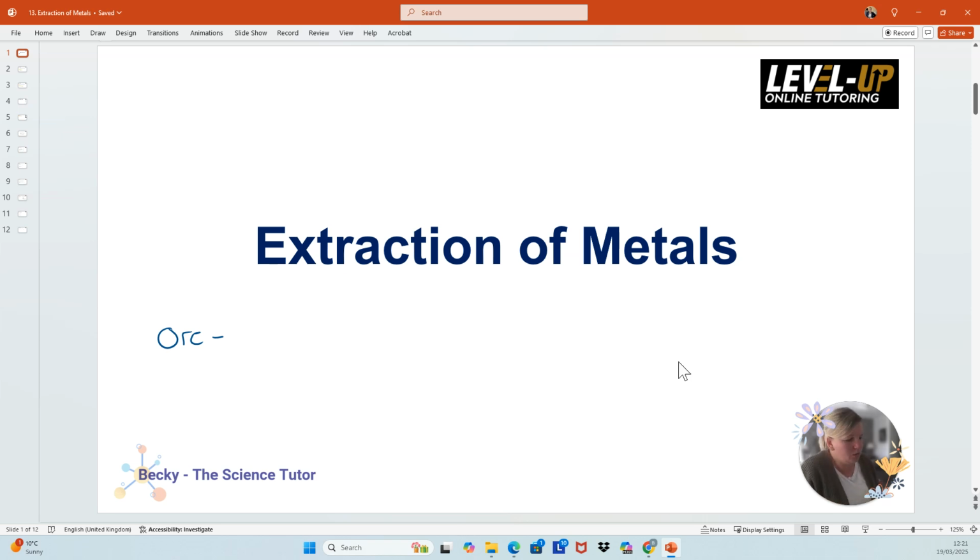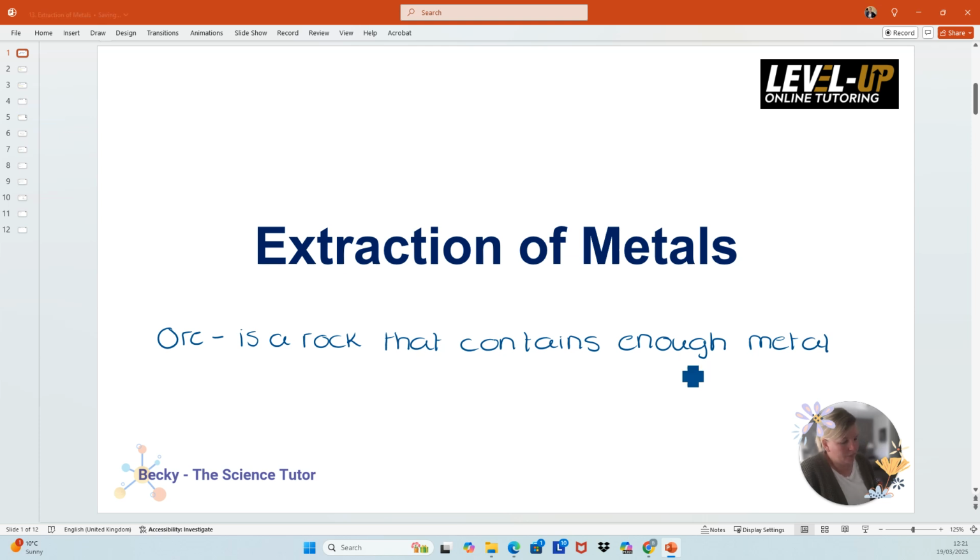Okay, so an ore is a rock that contains enough metal to make it profitable to extract.